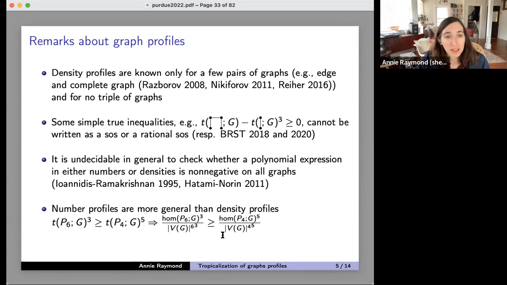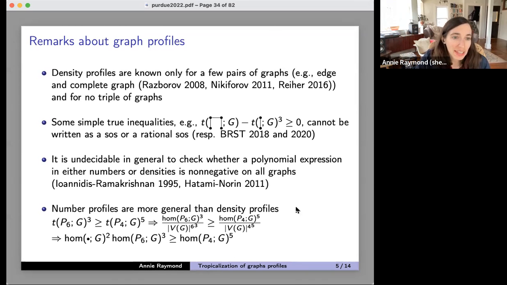And so if I do that, the total number of maps is just going to be the number of vertices to the 6 and to the 4 on the other side. And then with the powers, you can cross multiply. You can also realize that if I look at the number of homomorphisms of a single vertex into G, I will get exactly the number of vertices of G. So I can cross multiply and replace the number of vertices of G by the number of homomorphisms of a single point into G. And then I get an inequality that involves only homomorphism numbers.